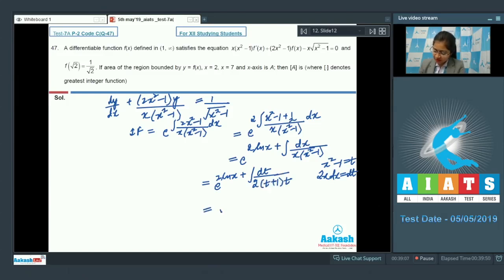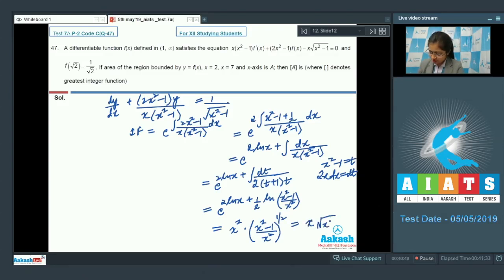So its integral will be equal to e raised to the power 2 into ln x plus half into ln of t upon t plus 1, that is x square minus 1 upon x square. So this is equal to x square into ((x square minus 1) by x square) whole raised to the power 1 by 2. So this is equal to x into under root of x square minus 1.